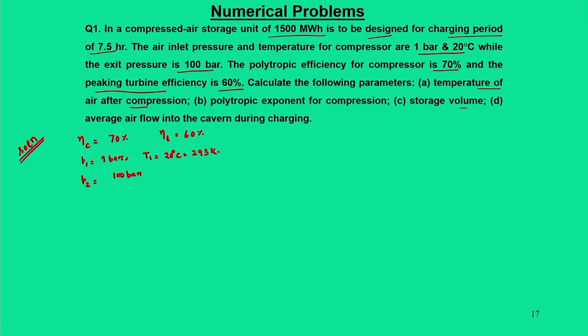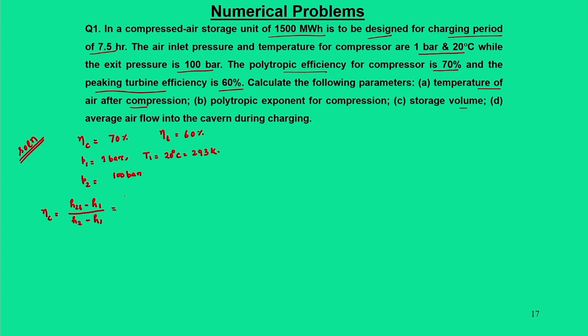Now, with these numbers, one can try to find out, taking this efficiency as an adiabatic efficiency, the expression as H2S minus H1 divided by H2 minus H1. Had this been an isentropic efficiency, the expression would be the isentropic enthalpy difference to the actual enthalpy difference.